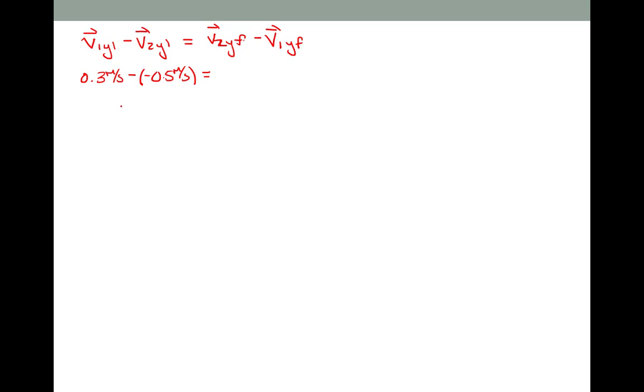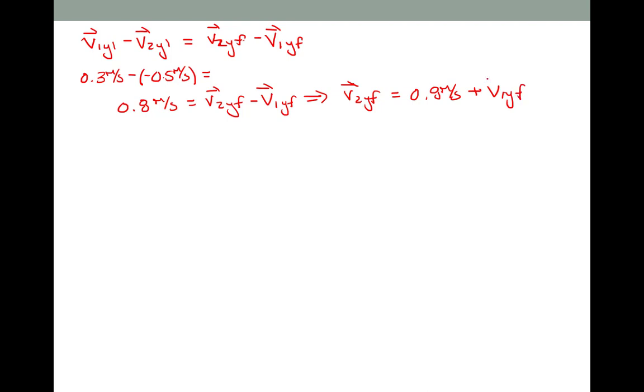Combining those two gives me 0.8 meters per second equals V2y final minus V1y final, or in other words, V2y final equals 0.8 meters per second plus V1y final.